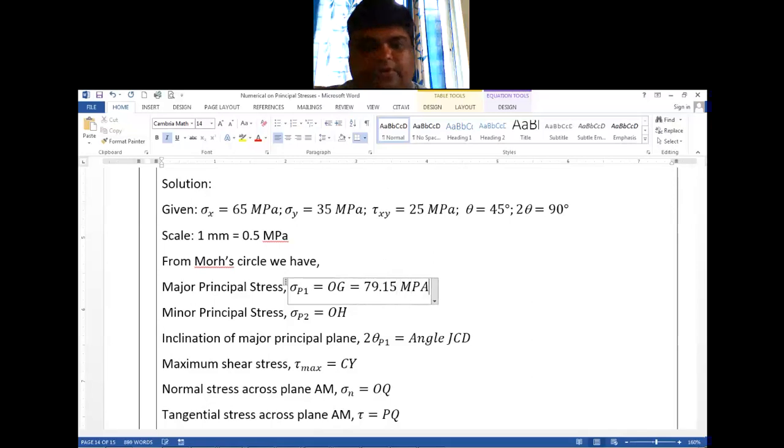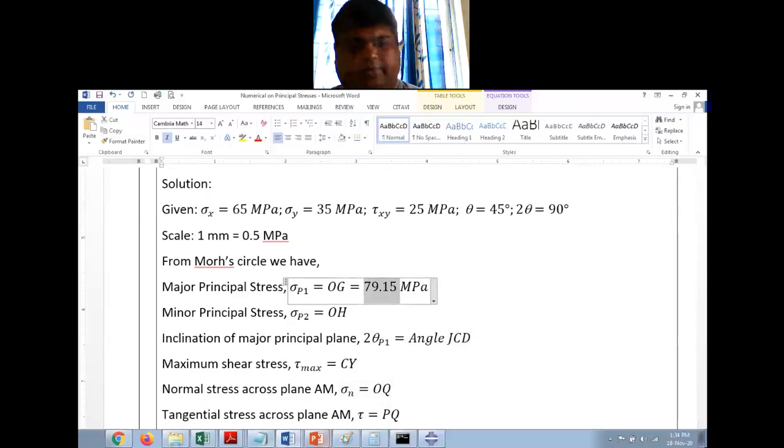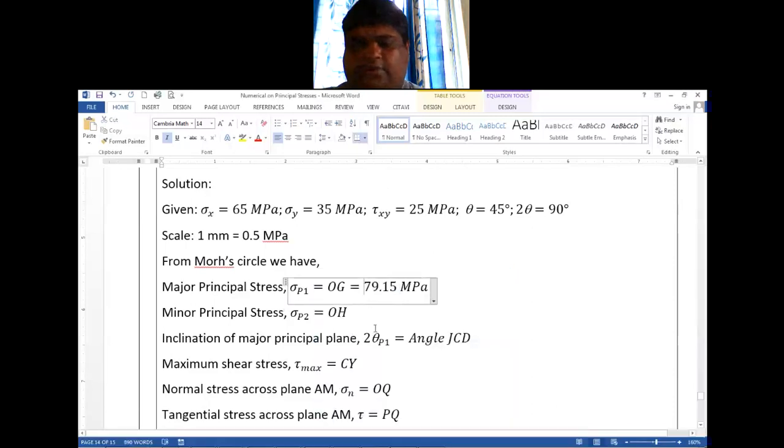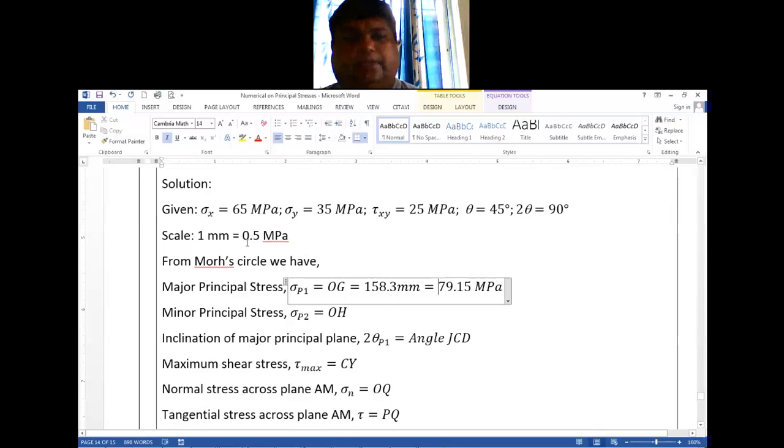Since I have used 1:1 scale here, I am getting directly this answer. So you should be getting 158.3 mm, and that will be 79.15 megapascal. Now you have to multiply this length by the scale, which is 0.5, right?